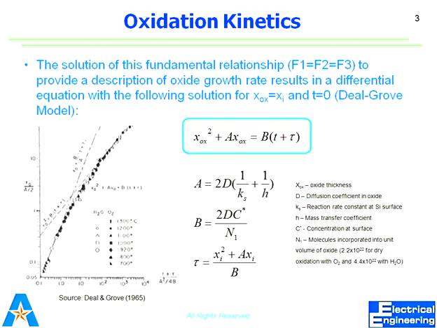So we come up with the equation x square plus ax equals b into t plus tau. So this is the basic Deal-Grove equation that you need to keep in mind.